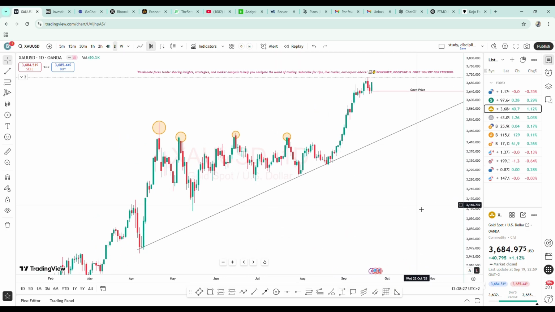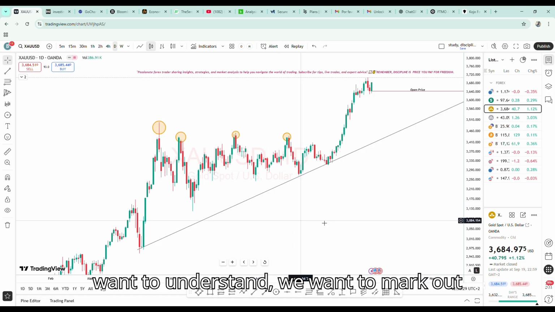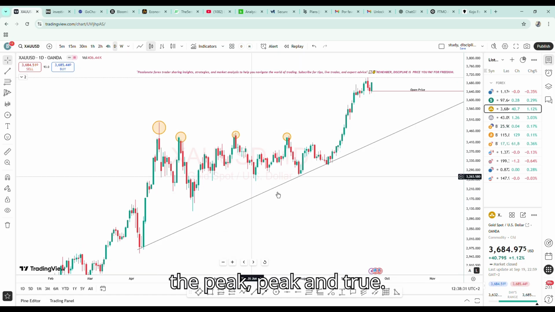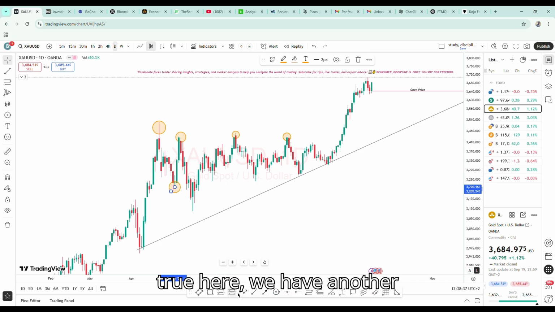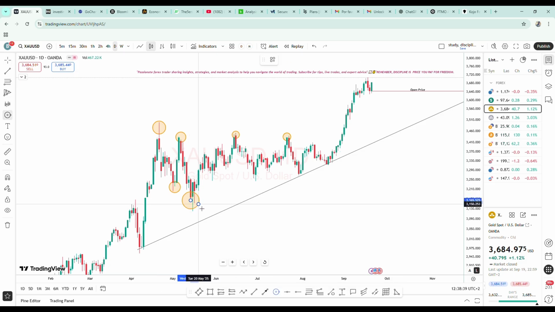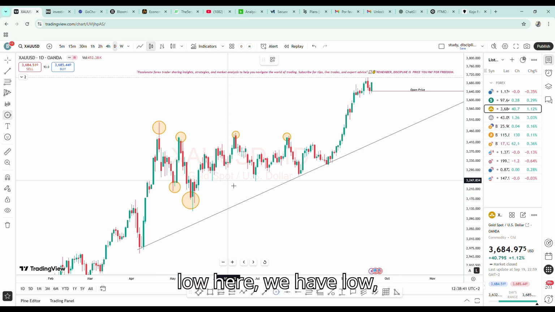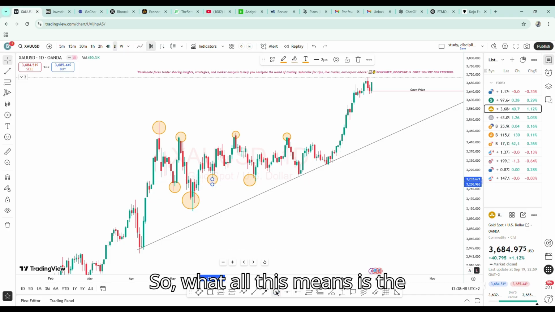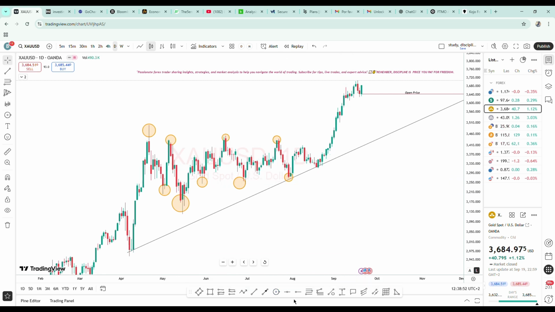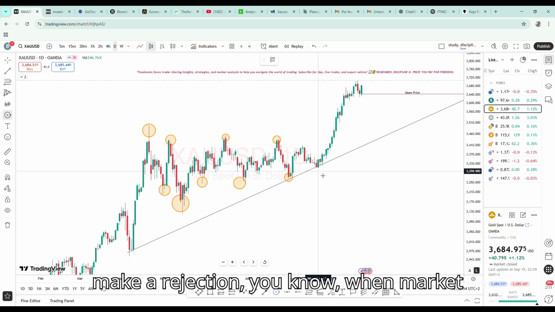So now we want to mark out the peaks and troughs. We have another trough here, another low here. All this means is the area where the market has made a rejection.